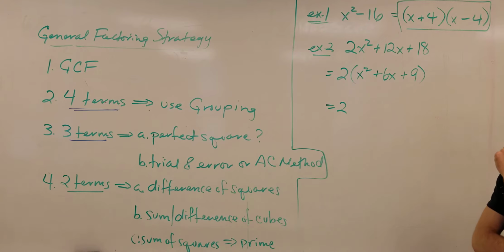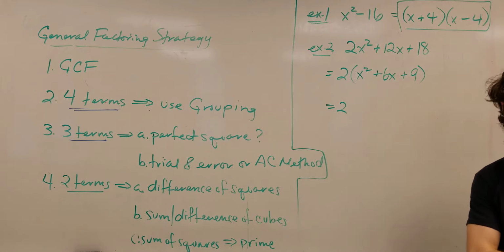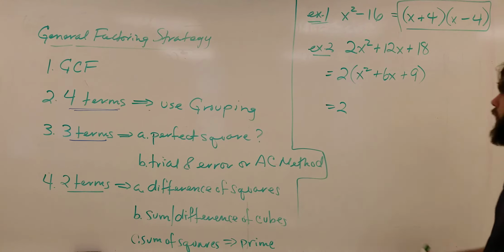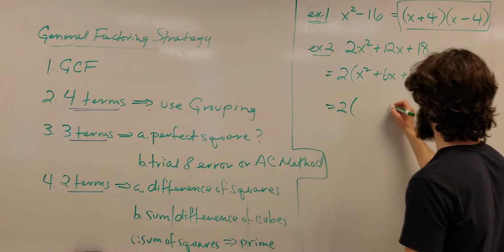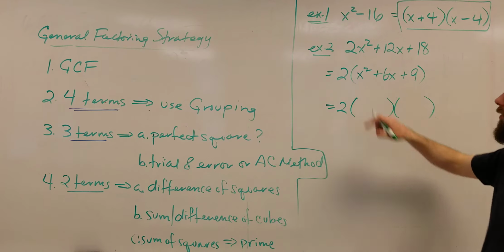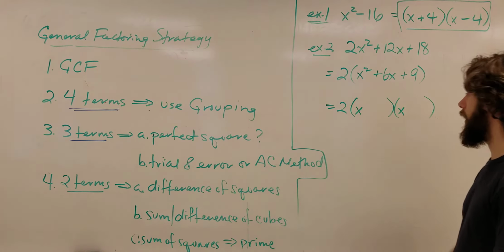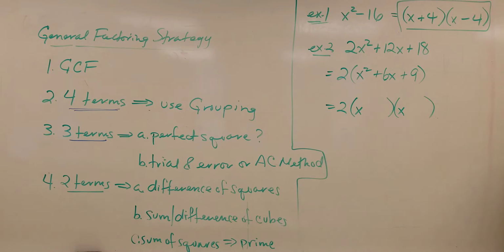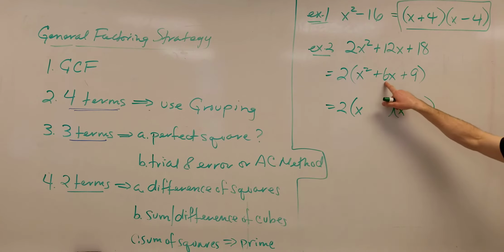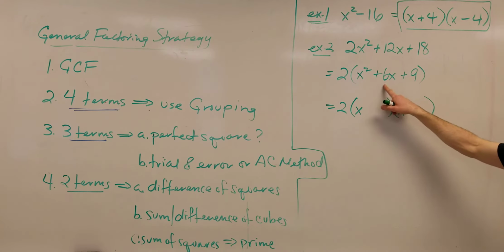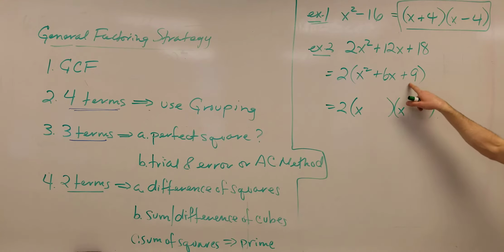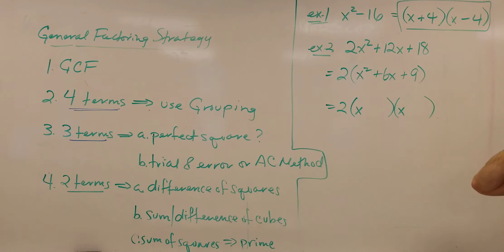So let's just go ahead and do trial and error or the AC method. We just have a 1x squared in the beginning. We know that both factors are going to be x plus or minus something. So what factors of 9 would add up to positive 6? That would have to be 3 and 3, right?